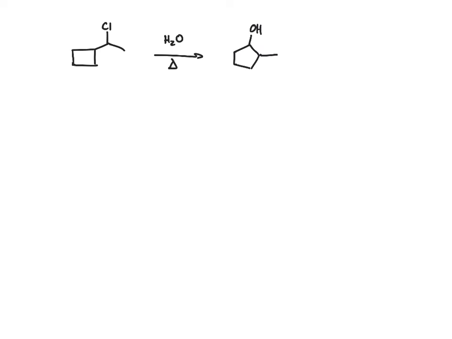So maybe what I'll do, I'm going to put a 4 in here and a 5 in there. So what else has changed? Cl substituted for an OH. So those are two main things I think we can get started with.